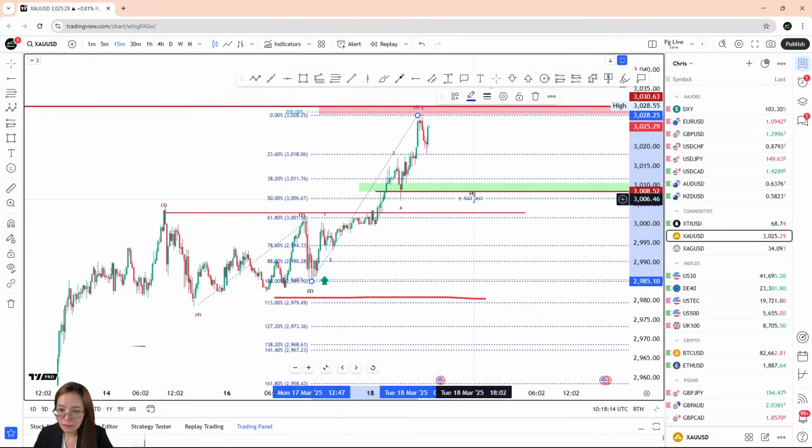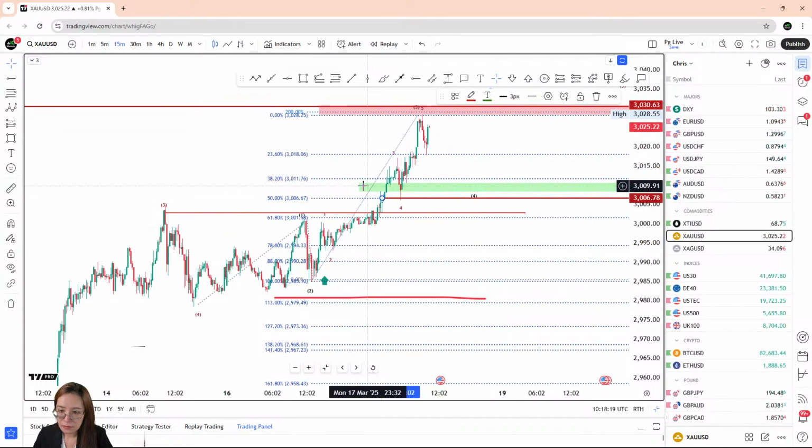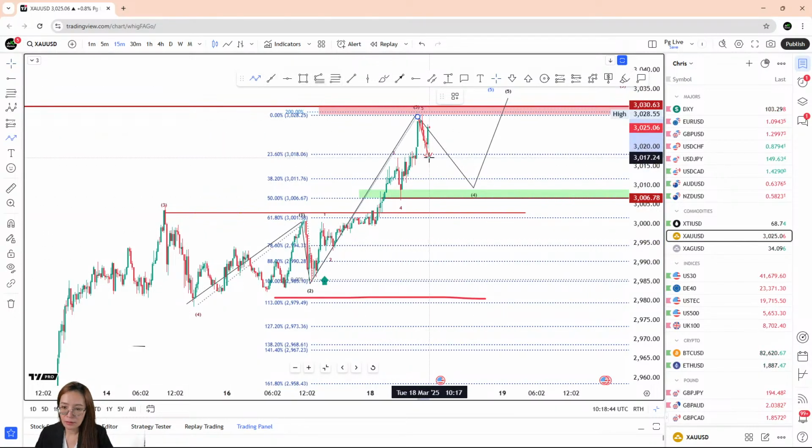Allow this level, like this zone. Wave 1, 2, 3, 4, 5, somewhere around this level. Let's say 3008 or 3005. And at the A, B, C, I don't know.